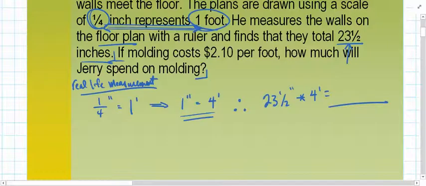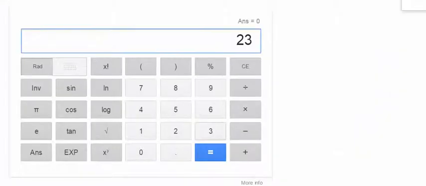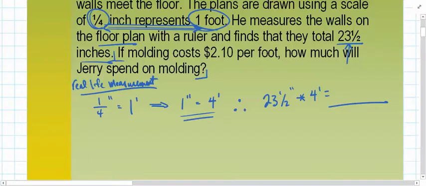So if I switch over to a calculator, we can do this math. 23.5 inches times 4 feet per inch. That's about 94 feet in real life. So this equals 94 feet of molding in real life.